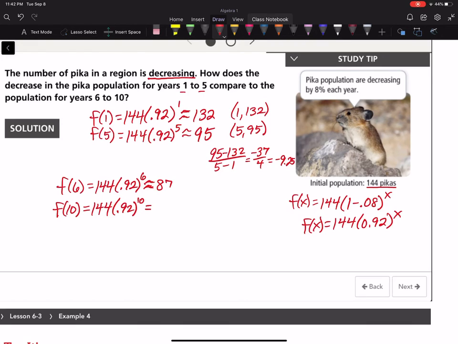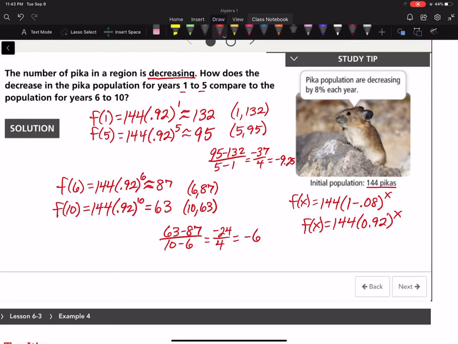And 10, if you plug it in, you get about 63. And so we have (6, 87) and (10, 63). And we do the same thing. We find their slopes. So 63 minus 87 divided by 10 minus 6. That is negative, let's see here, is that 24? Negative 24. And negative 24 divided by 4 is negative 6.